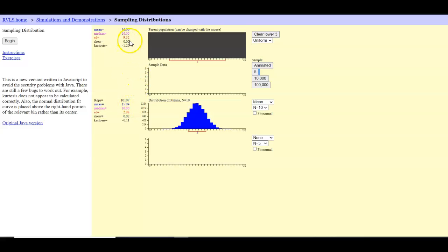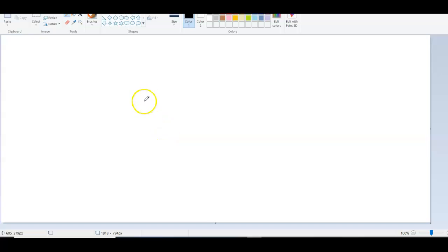The standard deviation of the population was 9.52. Remember, the standard deviation of the sample means is called the standard error. If you look at that 9.52 over the square root of 10, 9.52 over the square root of 10 is something just a little bigger than 3.